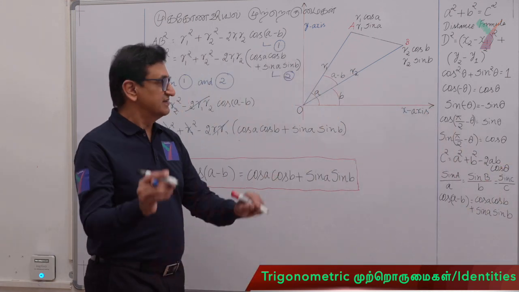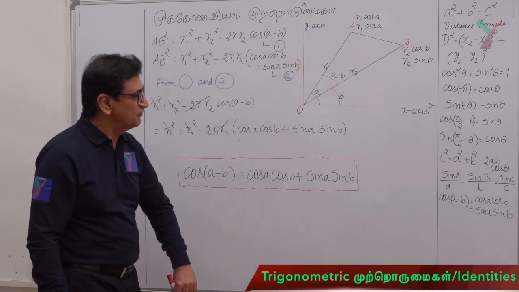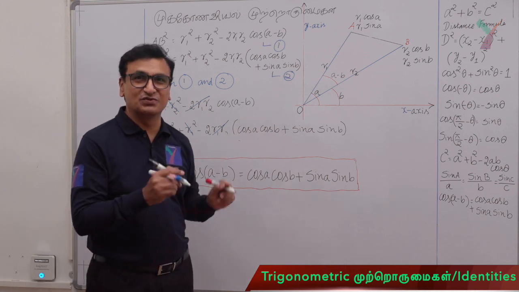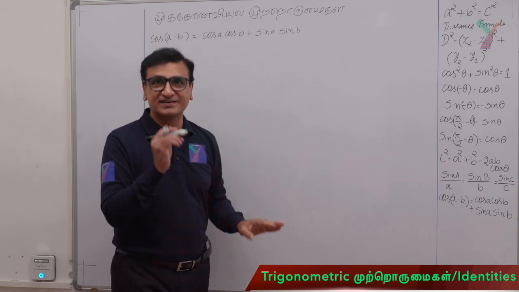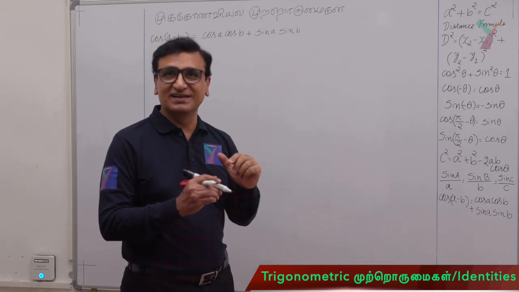Okay, அடுத்தது நமக்கு இந்த construction தேவையில்லை, so full-ஆ அழிச்சிட்டு நம்ம fresh board start பண்ணுவோம். ஓகே, இதுதான் நம்ம first identity derive பண்ணிருக்கோம். கரெக்டா? நம்ம அடுத்த identity போவோம்.